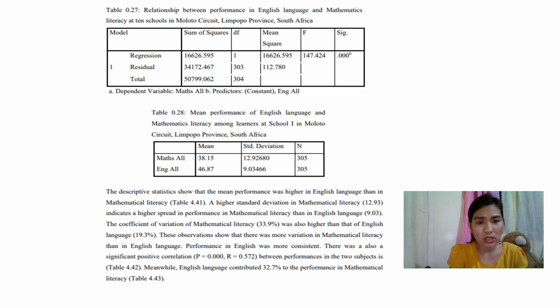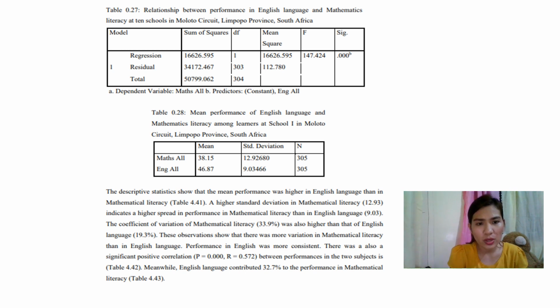The coefficient of variation of mathematical literacy with 33.9% was also higher than that of English language with 19.3%. These observations show that there was more variation in mathematical literacy than in English language. Performance in English language was more consistent.